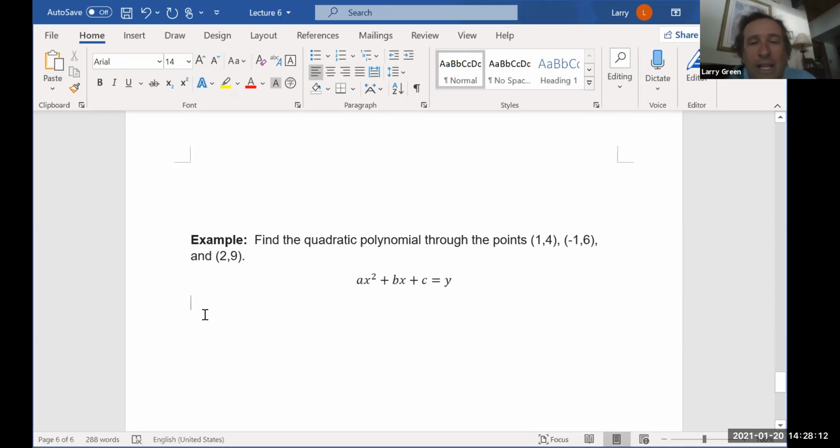So now let's plug in our points. If we plug in 1, 4, then I get A plus B plus C is equal to 4. Do you agree? All good with that? Plugging in 1, 4? Okay, what do you get if you plug in -1, 6? Make sure you understood the first one.